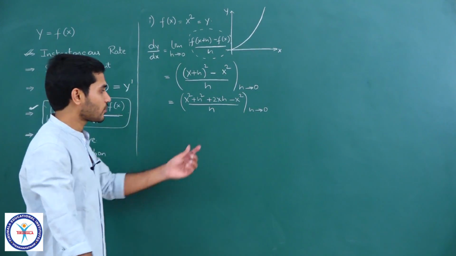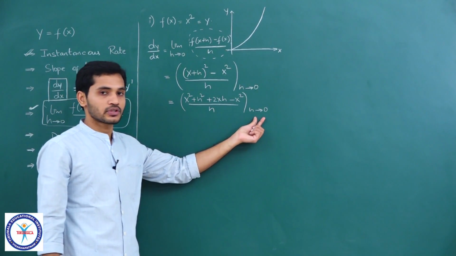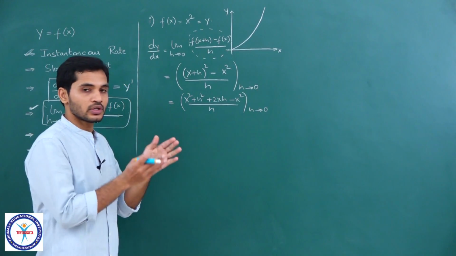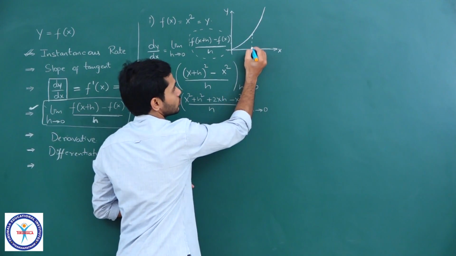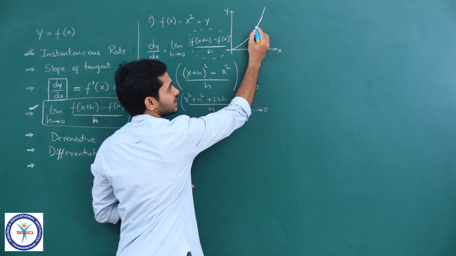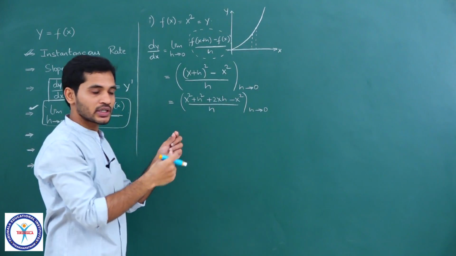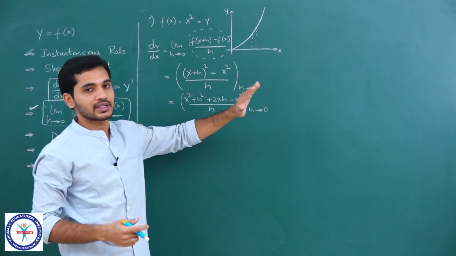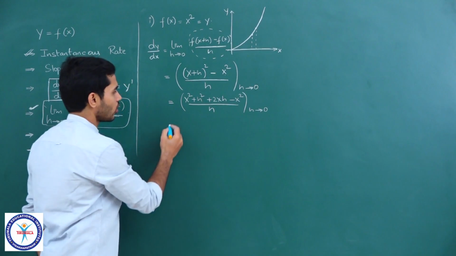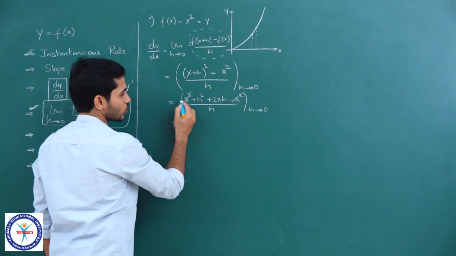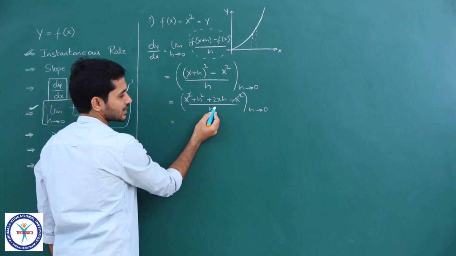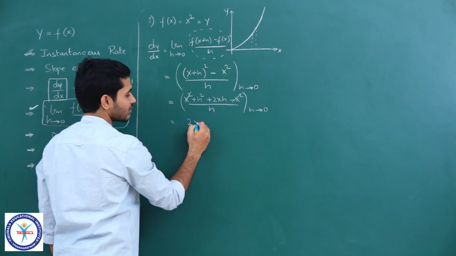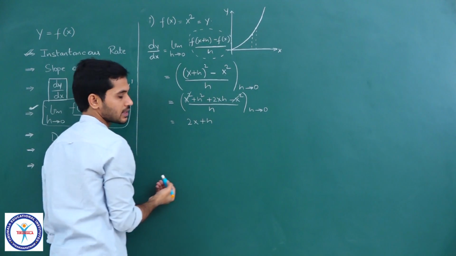And I hope you are all aware of why I am writing h tends to 0: only when h tends to 0, the 2 points on the graph will approach each other, they will become 1 point, and we can calculate the slope of that tangent, clear? Okay. So, x square and x square get cancelled, and if I divide this with h, 1 h gets cancelled and here 1 h gets cancelled, and eventually I will get 2x plus h.